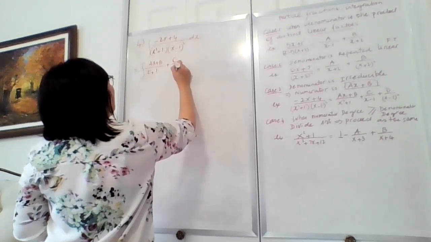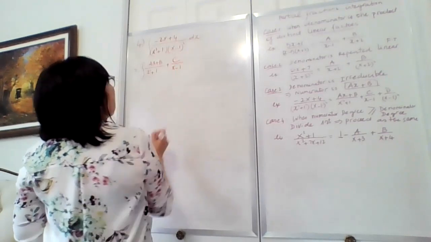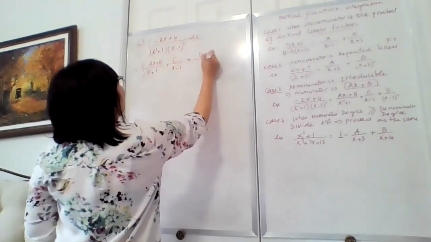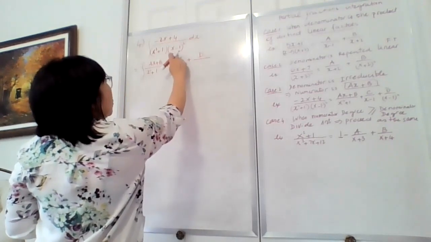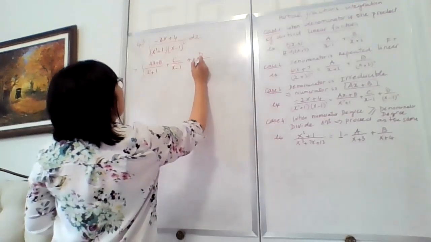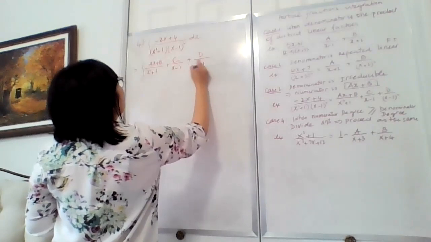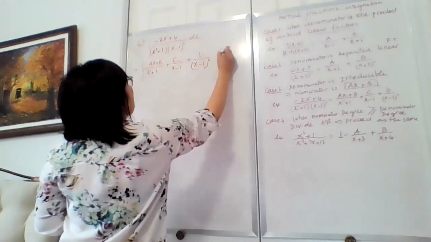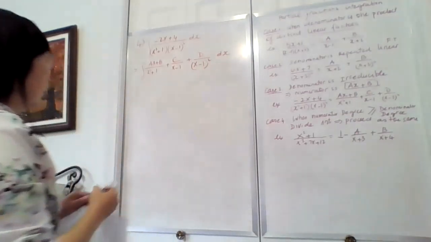And the next denominator will be just this, adding with the D over, you see back into case 2, right? Like that, x minus 1 to the power 2. All of this will be the x. Okay?